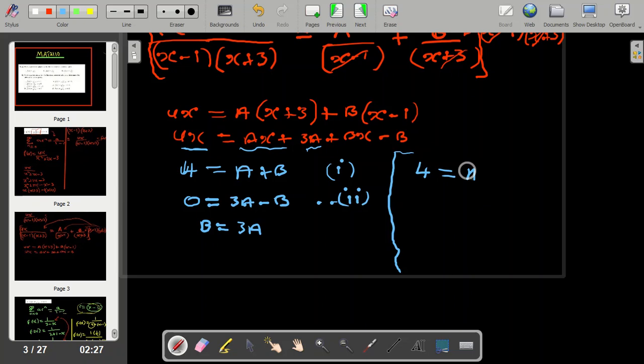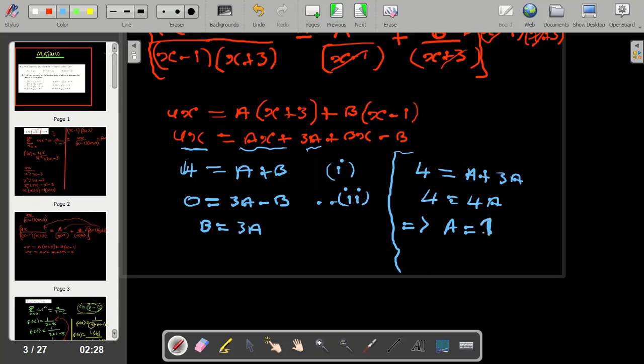So we have a there, then where there is b, we will replace with 3a. So we are going to have 4 this side is equal to 4a, and this will imply that our a is equal to 1. Okay, positive 1 there.